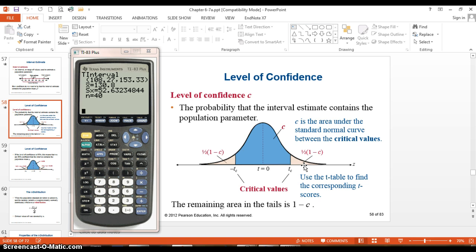So as your confidence level gets bigger, more of the curve is going to get included, which also reduces your chance of making an error. And that's basically the process of doing confidence intervals for a population mean in the graphing calculator.